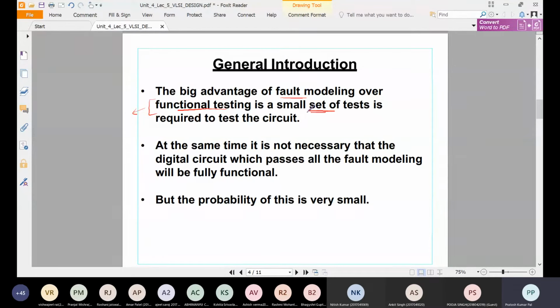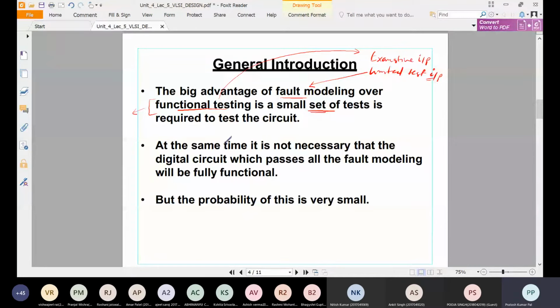In fault modeling, we will be providing a small set of tests. That means out of exhaustive inputs, we will provide only a limited number of inputs, or test inputs as we call them. So limited test inputs are provided in fault modeling, and exhaustive inputs are provided in functional testing. In functional testing we test the function for all the input conditions.